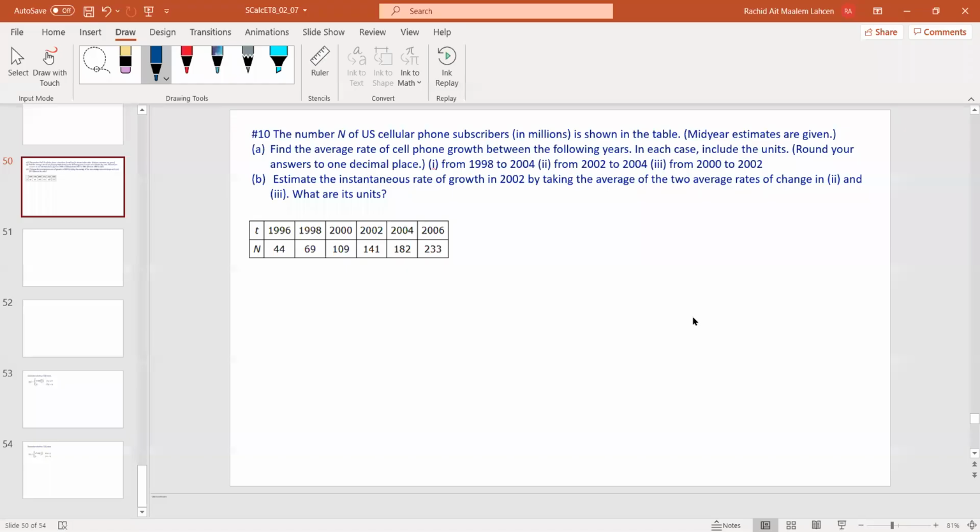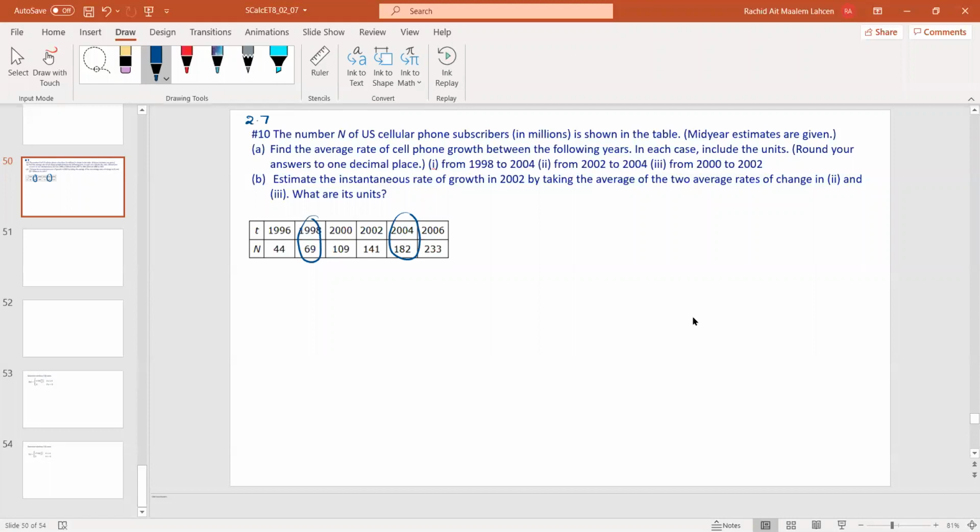Okay, so I was going to do this number 10 from the same 2.7. Then I realized it's the same, it's even less than what we have been doing. Try it, and if you have questions, let me know. This is just a pure slope thing, 1998 to 2004. So this is like a data set.